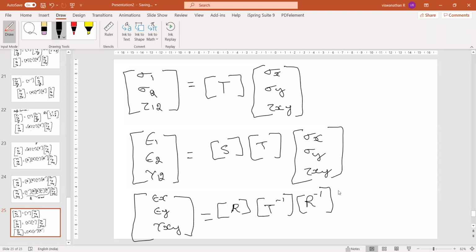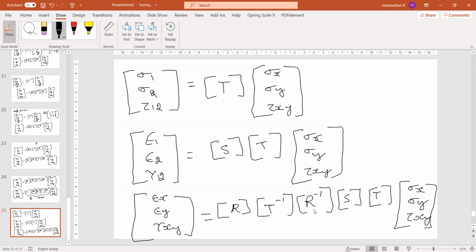And then S, and then T. I'm writing this whole thing now: S, T, and then sigma x, sigma y, tau xy.